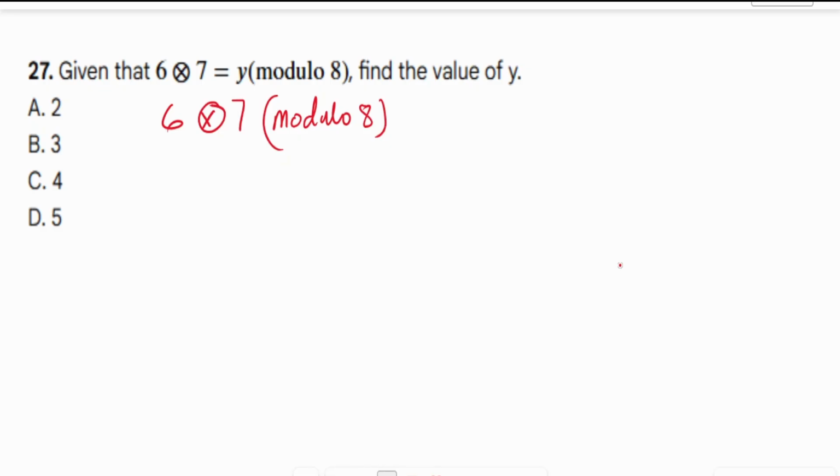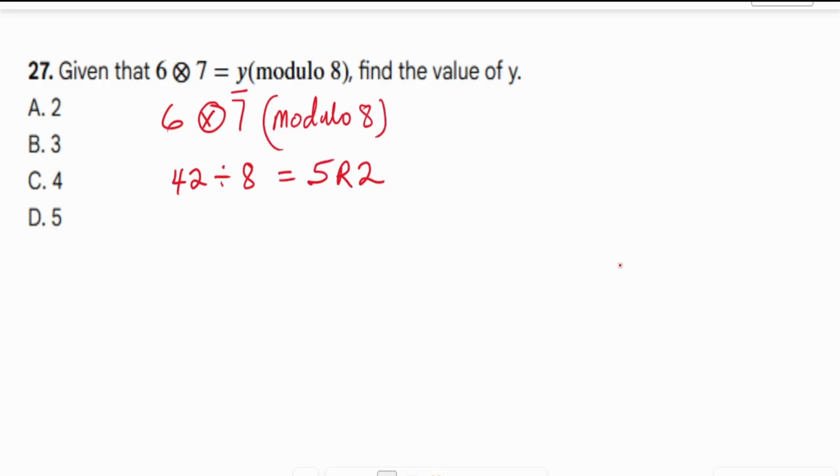So the y here is what we are looking for: what will be the remainder when you divide 42 by 8? To put the question in perspective, this will be 42 divided by 8, and that I'm sure you say is 5 remainder 2, because 8 times 5 is 40 and we have 42, so plus 2.